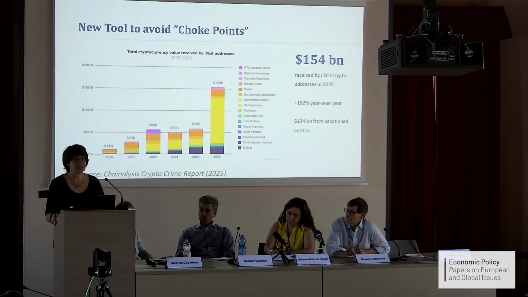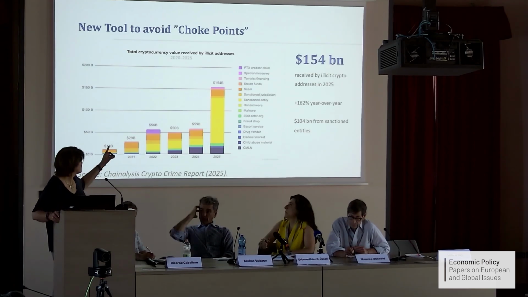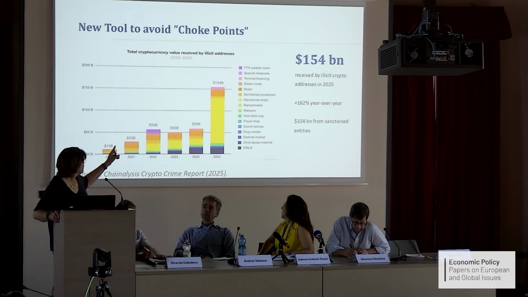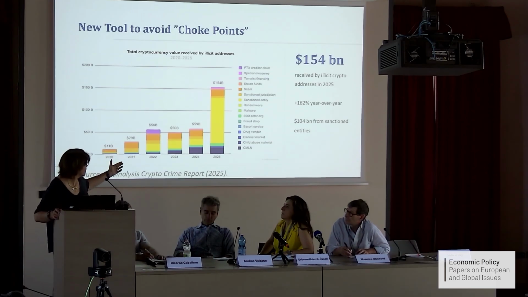And so what are alternatives in payment? That means trying to fragment the payment system in order not to go through the dollar, to avoid the sanctions, right? So avoid the choke points. And so here I'm just showing some current data from Chainalysis Crypto Crime, which shows that in the recent period, we see a much bigger rise of cryptocurrency value received by illicit addresses, mostly the yellow graph here.